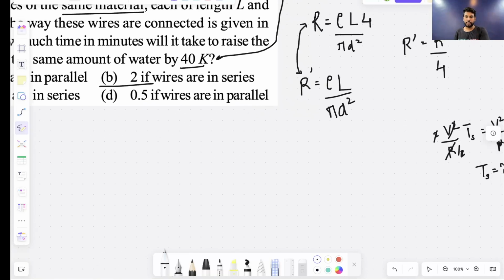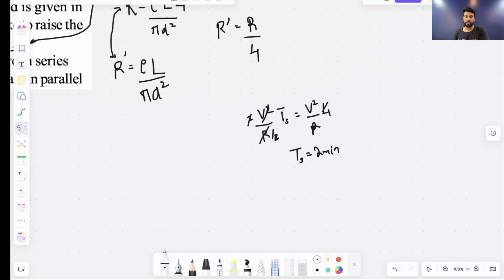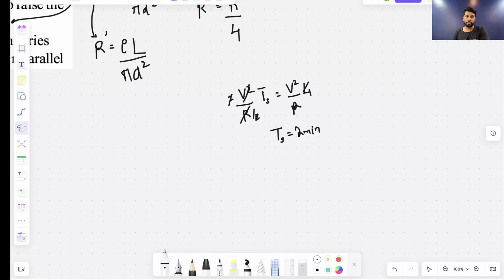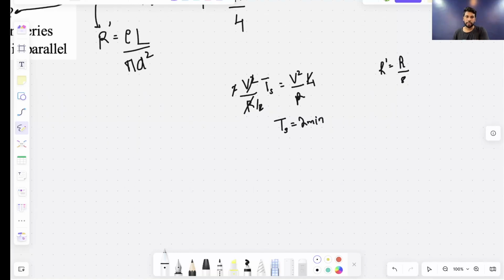On the same hand, I do it for the parallel one. Okay, I know that for parallel, I got the resistance to be R by 8. Now I would put V square by R by 8, into T, the time for parallel, is going to be equal to V square by R into 4.